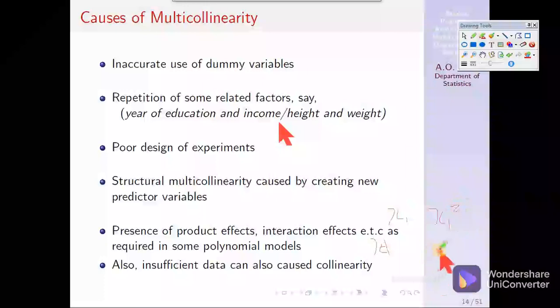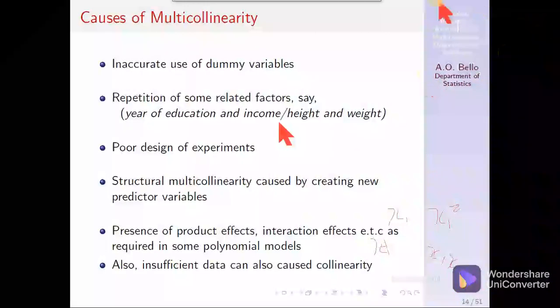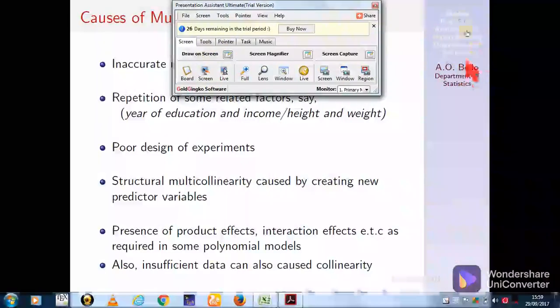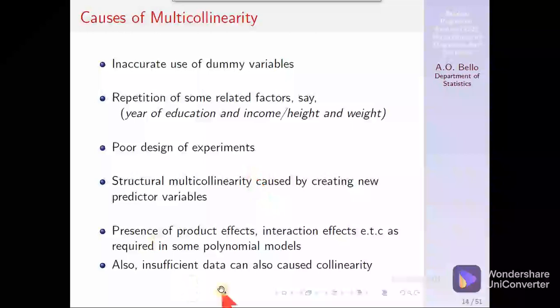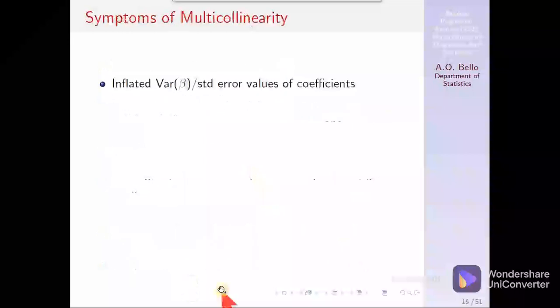We have the interaction effect between x1 and x2, just as is required in a polynomial model. All these interaction effects and product effects are likely to cause the problem of multicollinearity. Also, the last one here, insufficient data can also cause collinearity.